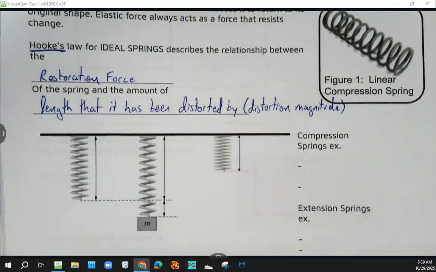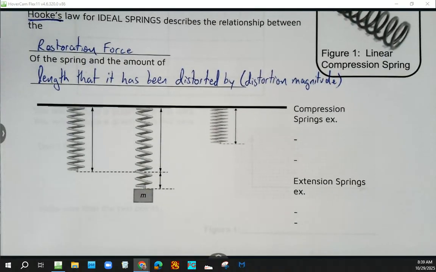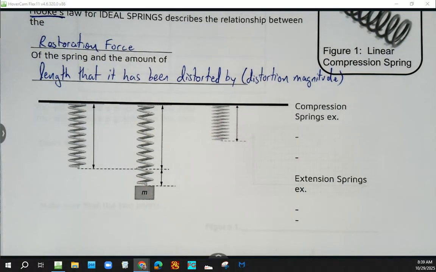All right, so I have a series of pictures here, and the pictures are meant to illustrate some springs that are hanging from a ceiling. In the classroom, I've got a spring that's also hanging from the ceiling.